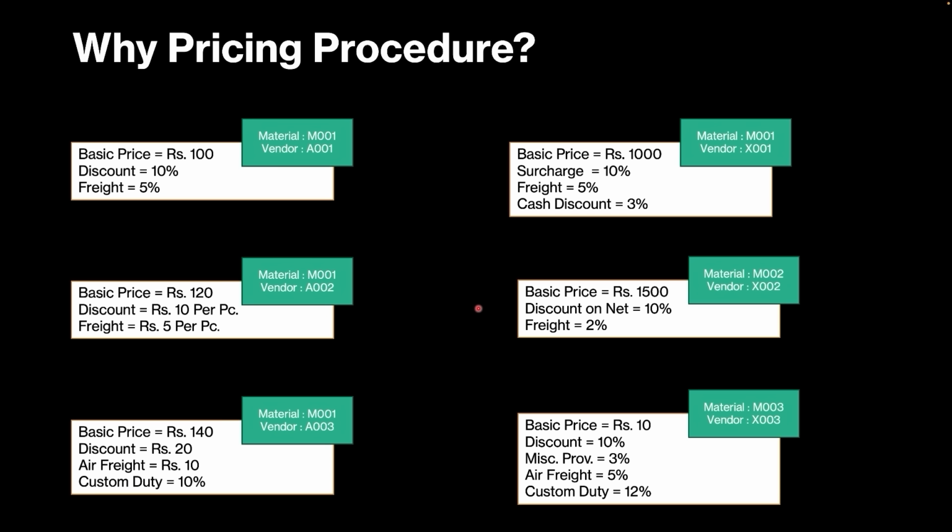Similarly, for import procurement, you will create a pricing procedure which will contain all possible condition types which are applicable for your import procurement to happen. So to cater to all kinds of procurement activities, you must have a calculation sheet which is pre-configured in the system so that the end user is able to enter the condition values in the purchase order. And because of this, you need the entity which is called pricing procedure.